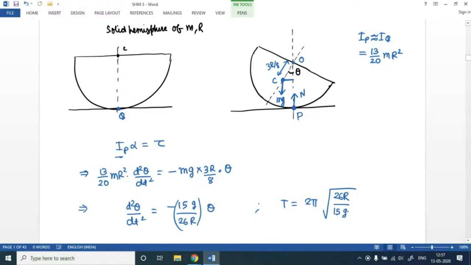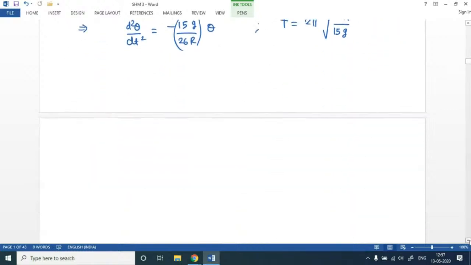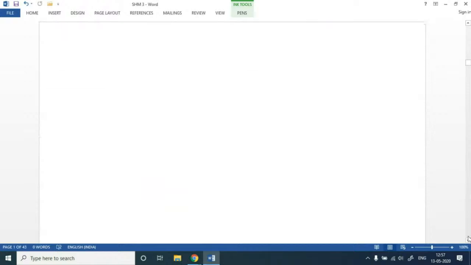Let's take one more example where we will have some rolling, and that is also quite a famous problem.